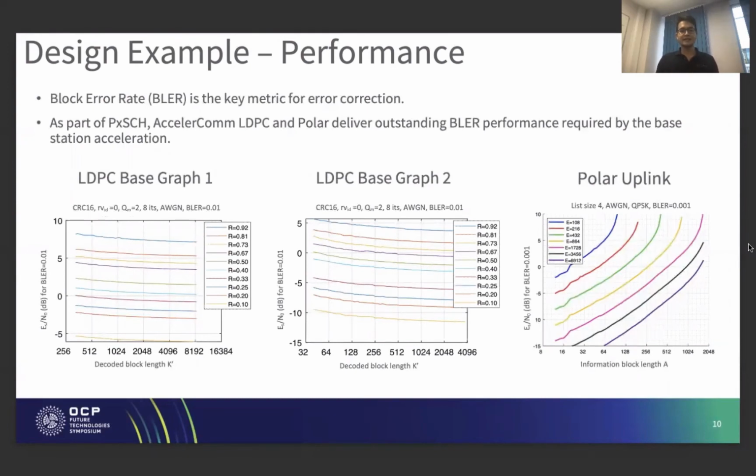In terms of the x-axis of the plot here, for LDPC, we are talking about K prime, and for Polar, we talk about A. And on the y-axis, we are targeting SNR. So as you can see here, all these BLER curves comply with the 3GPP standards requirements, and we deliver outstanding BLER performance required by this base station acceleration task.